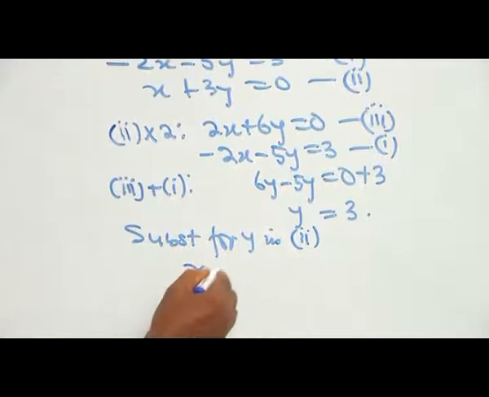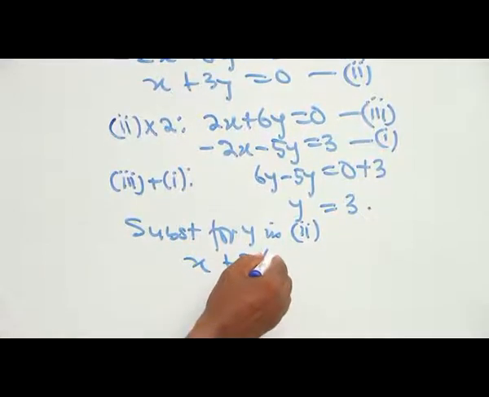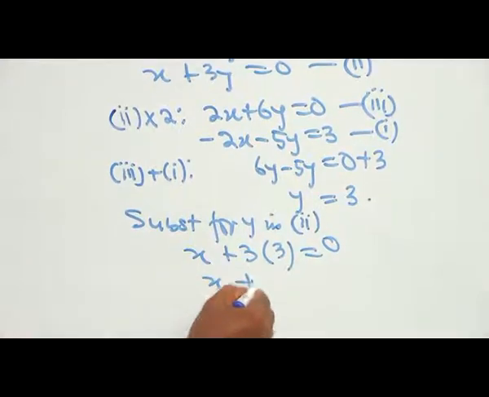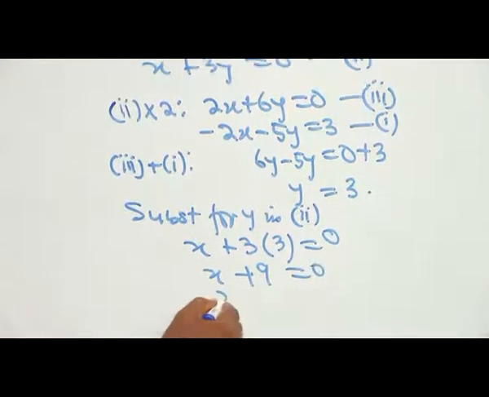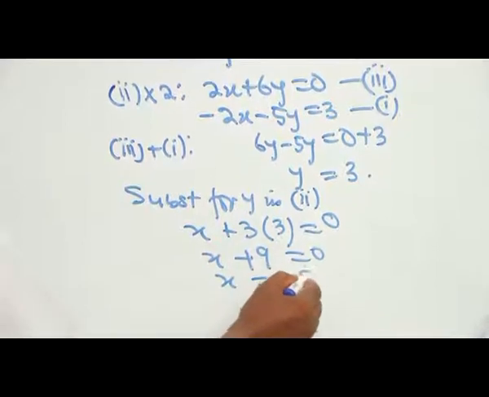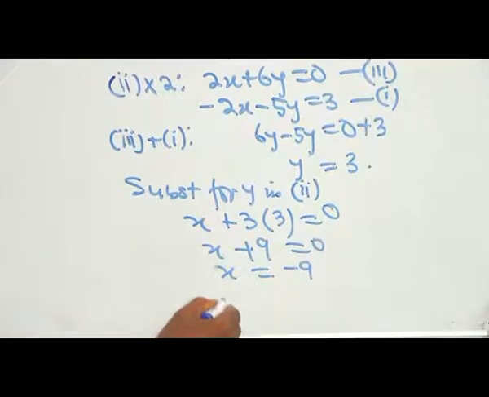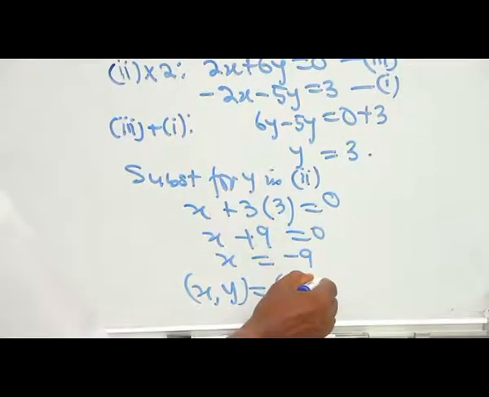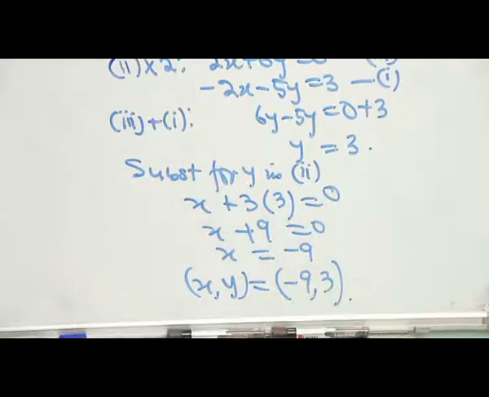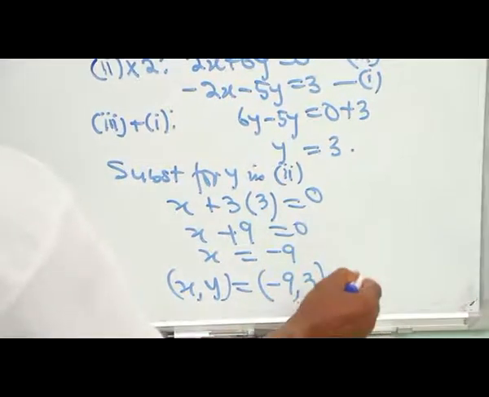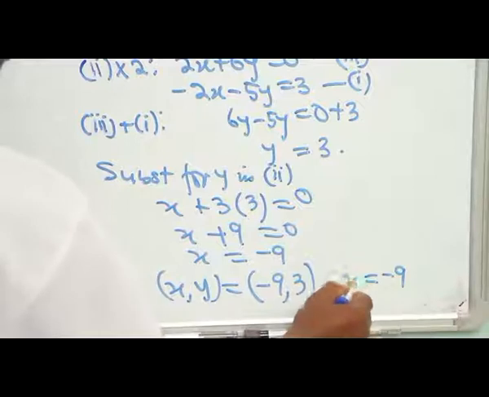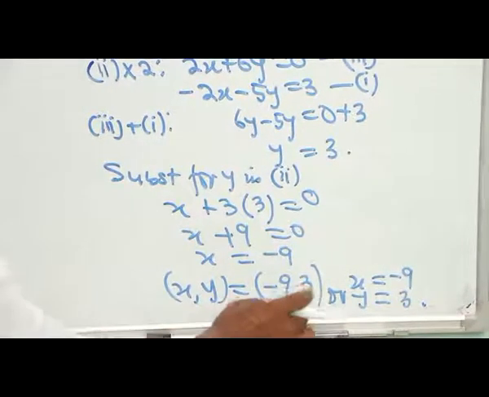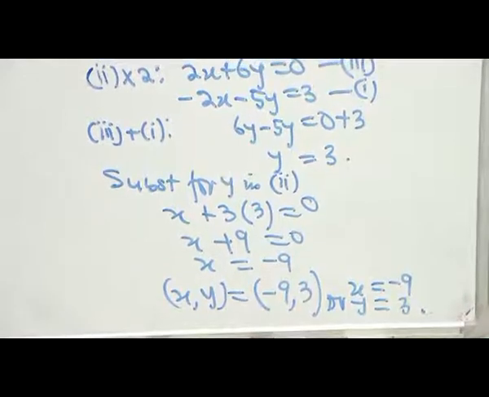So we have s plus 3y, our y now is 3, is equal to 0. So that your s plus 9 is equal to 0. Therefore s is equal to minus 9. So writing your answer, s comma y will be equal to minus 9 followed by 3. Or some will write it as s equal to minus 9, y equal to 3. You can combine it in this form, or you write it separately in that form.